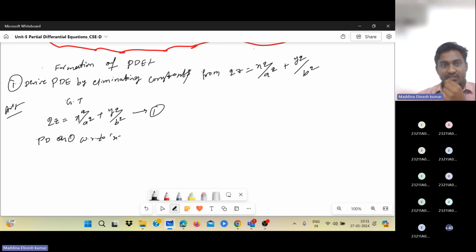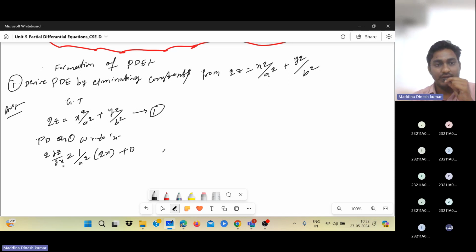Then you will get 2 dou z by dou x equal to 1 by a square, a constant, writing outside. This x square will become 2x, plus y square by b square. Whenever we are doing with respect to x, this y square by b square we need to consider as a constant. It will become 0.